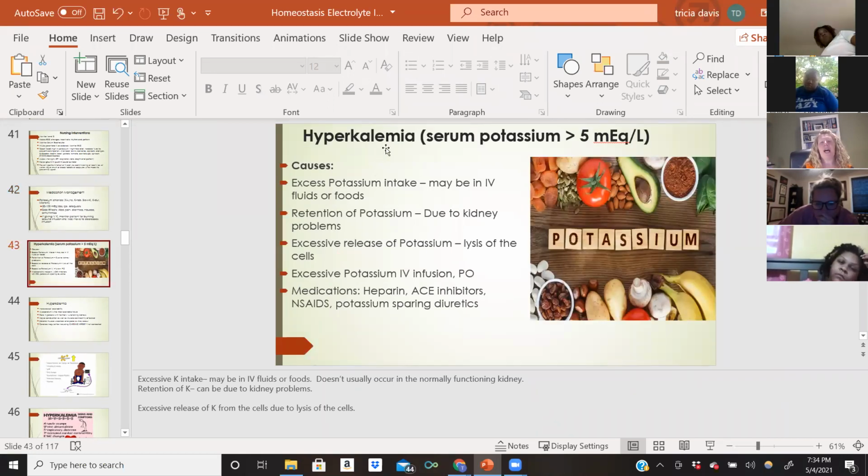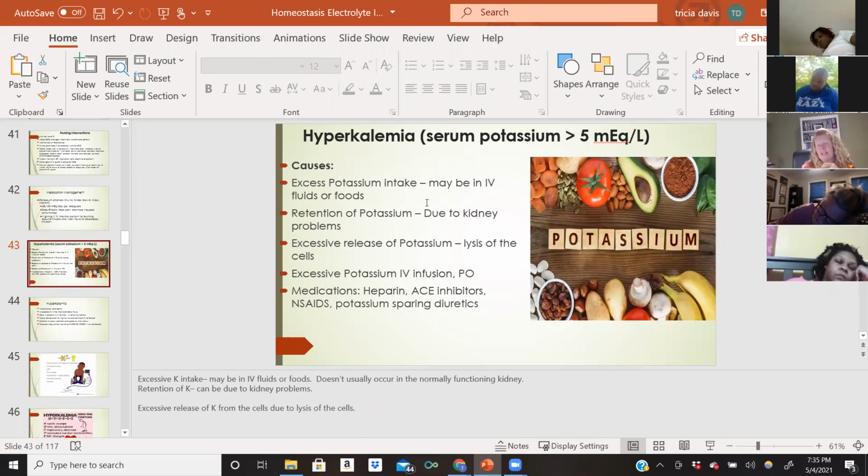So now we're going to talk about hyperkalemia. This is high potassium levels, greater than 5 milliequivalents. So what are some causes? Excess potassium intake. It could be that we're giving it to them through an IV, or it could be in their foods. A lot of the heart patients will use no salt because of their blood pressure issues and their heart problems.